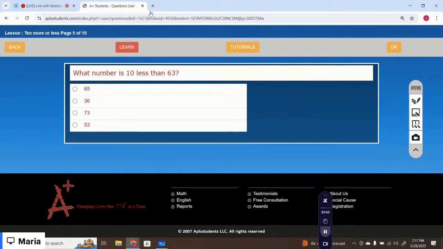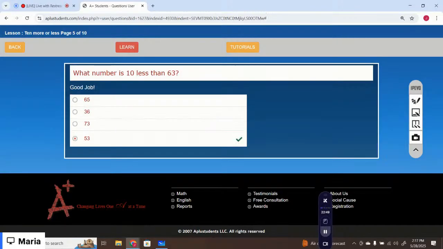Ten less than 63 is 53. Option number 4 is the correct option. That is 50.